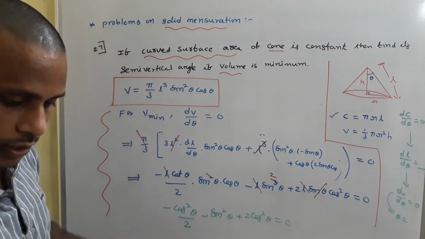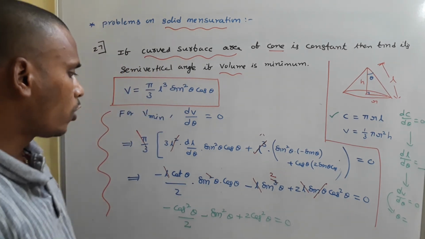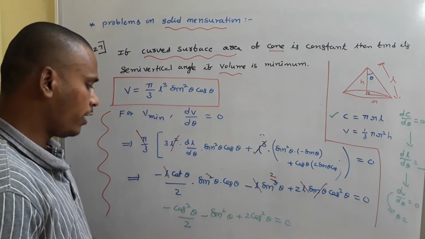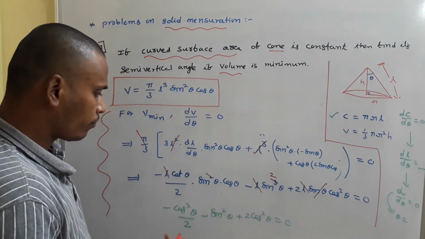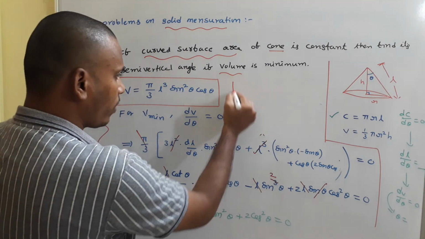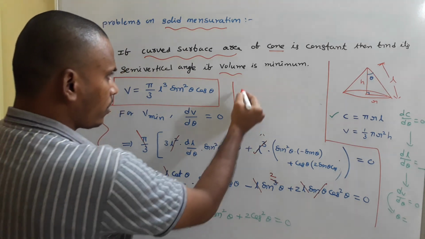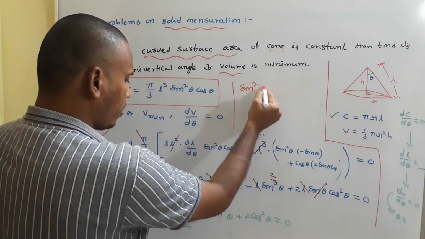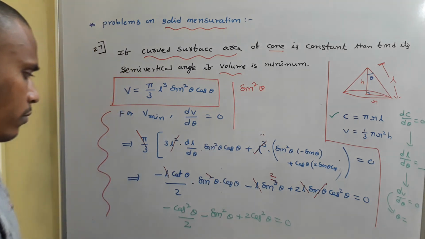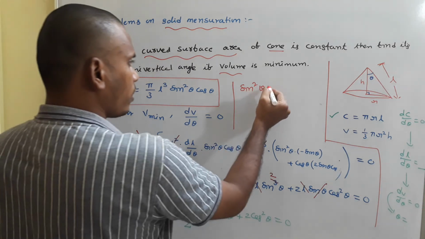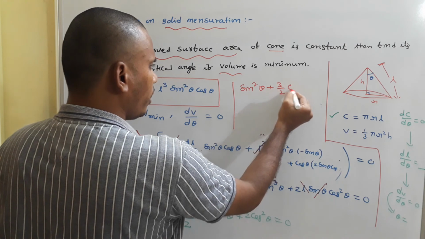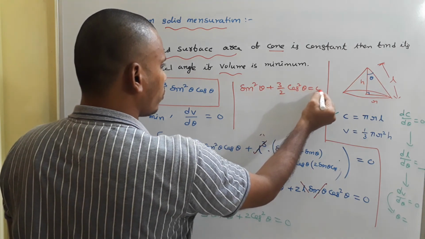We need to simplify this. Okay, 2 minus 1 by 2 is 3 by 2. Okay, what we have at the end? Sin square theta plus 3 by 2 cos square theta is equals to 0.